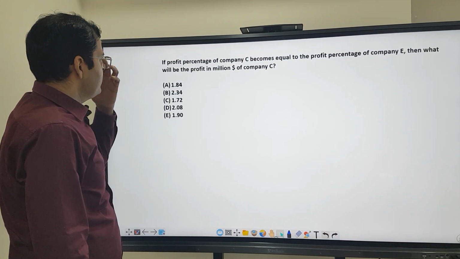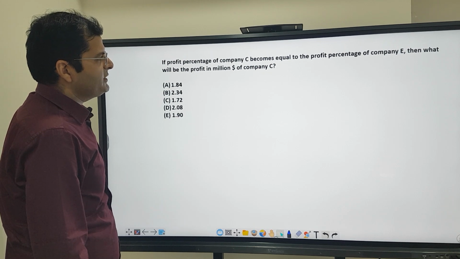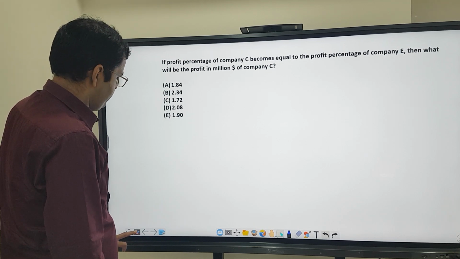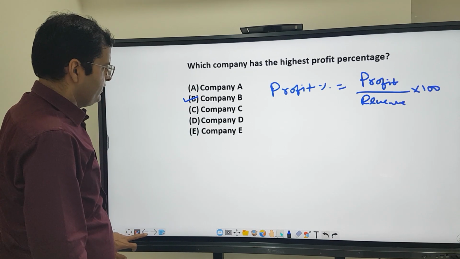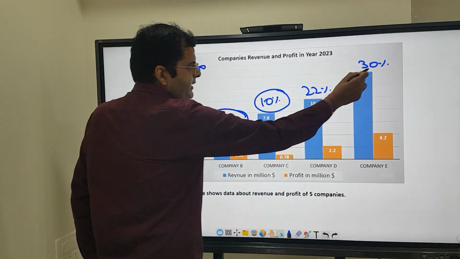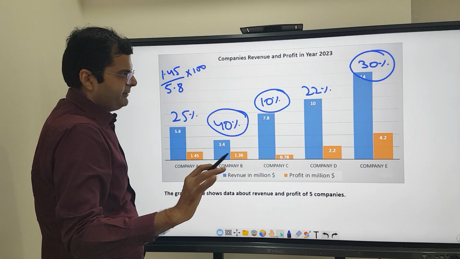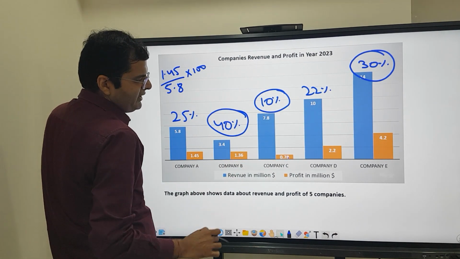It says, if the profit percentage of company C becomes equal to the profit percentage of company E, then what will be the profit in $1 million for company C? So for C, the profit percentage is 10%. For E, it is 30%. So if C's profit percentage becomes 30% with the revenue of 7.8, then 10% is 0.78.